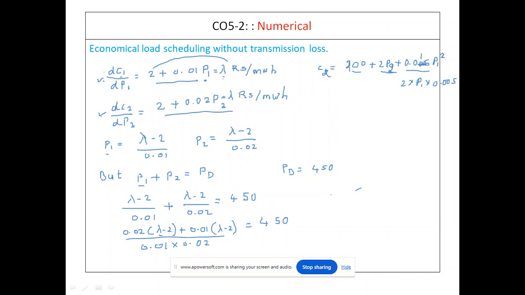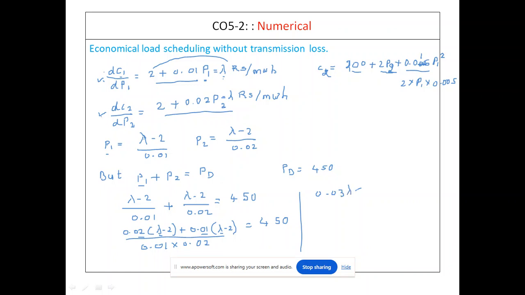Okay, I will do it over here for you. Now you can see here, this 0.01 into lambda and 0.02 into lambda, it will be 0.03 lambda.